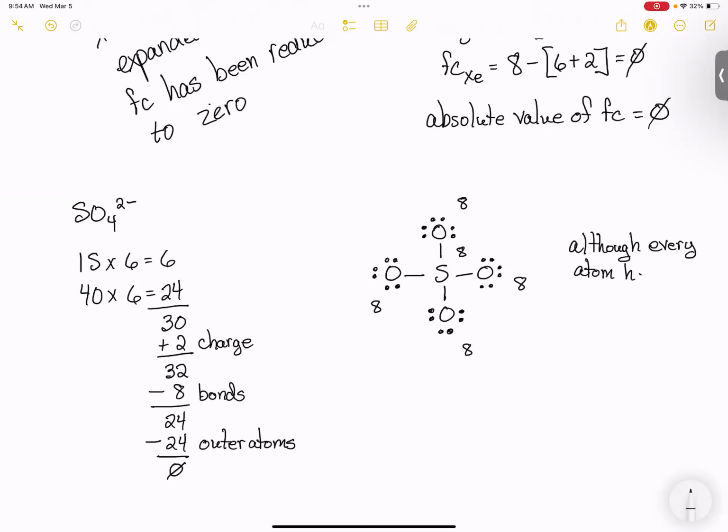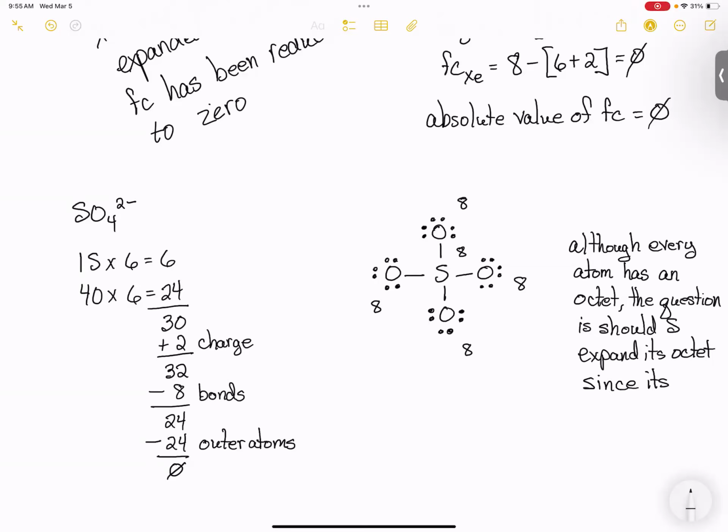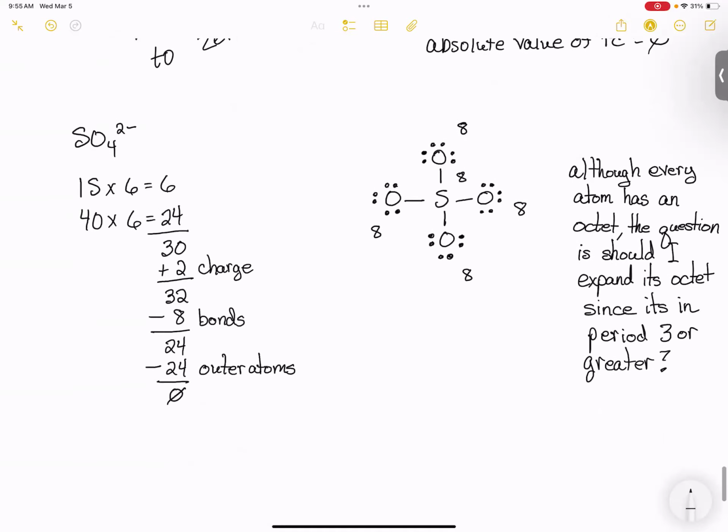Although every atom has an octet, the question is, should sulfur expand its octet, since it's in period 3 or greater? To figure that out, you've got to do formal charge.